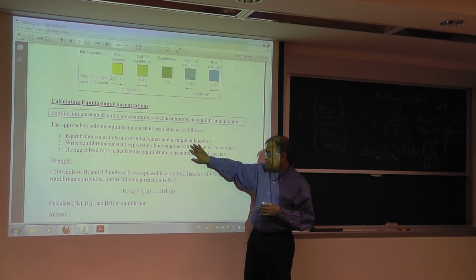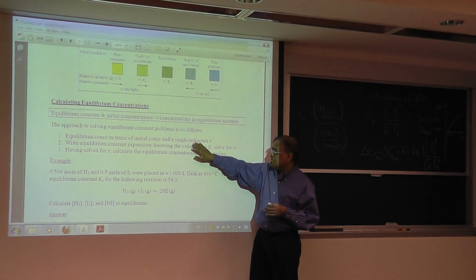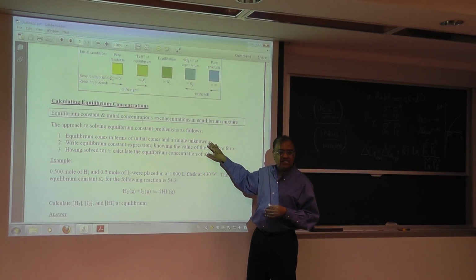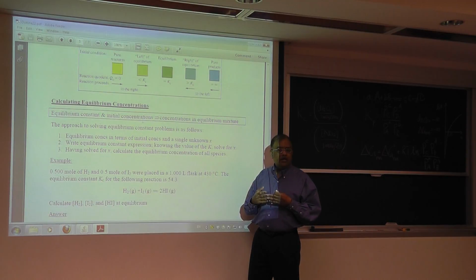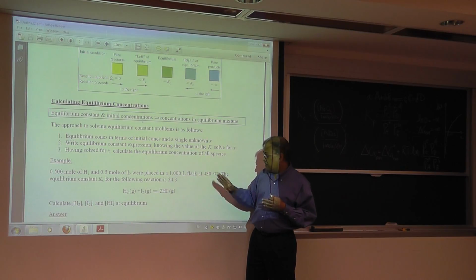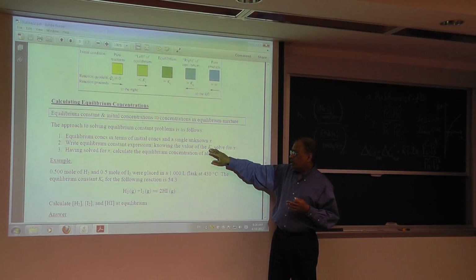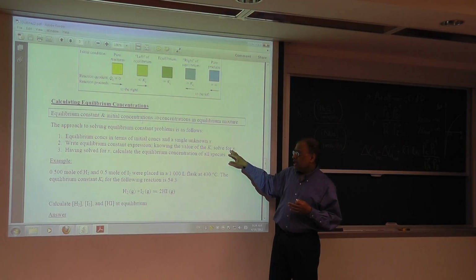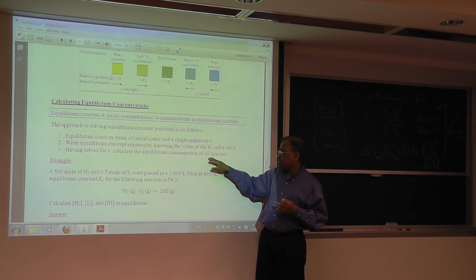The first step is to write the equilibrium concentrations in terms of the initial concentrations and a single unknown x, and x usually refers to the amount of the reactant that has reacted, and that will become clear very soon. We write the equilibrium constant expression, knowing the value of K we solve for x, and then knowing the value of x, we calculate the equilibrium concentration of all the species.